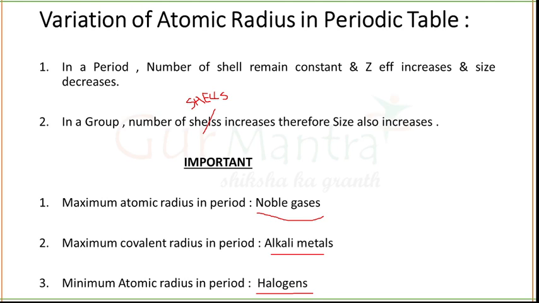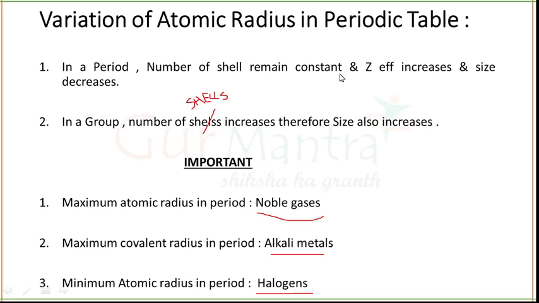Next is variation of atomic radius in the periodic table. Number 1 point is in a period, the number of shells remains constant. You have to remember this. When you move from left to right in a periodic table along a period, the number of shells remains constant. Therefore, Z effective values increase and size decreases.